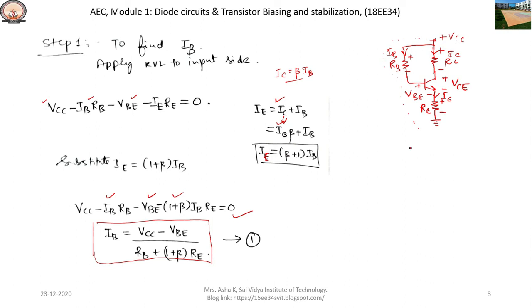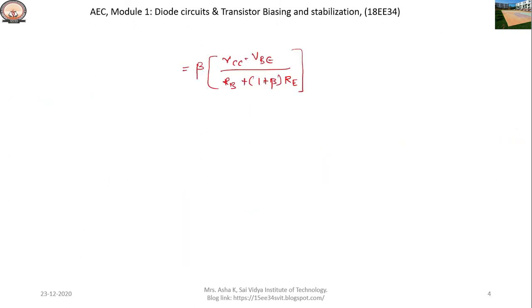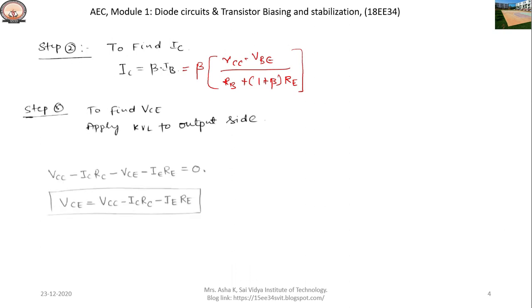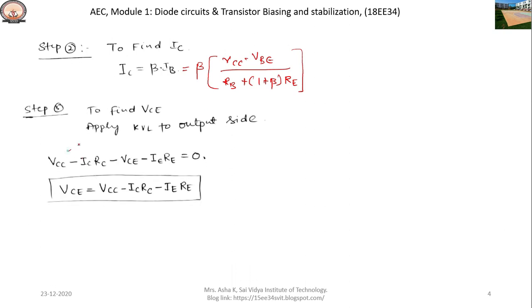By applying KVL, plus VCC minus ICRC minus VCE minus IERE is equal to 0.